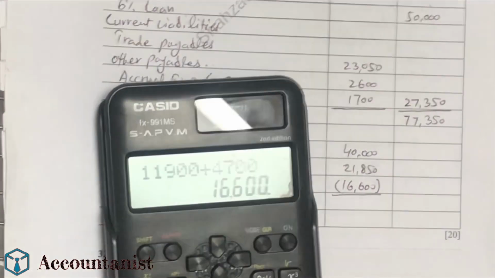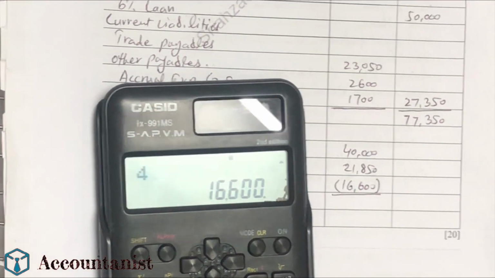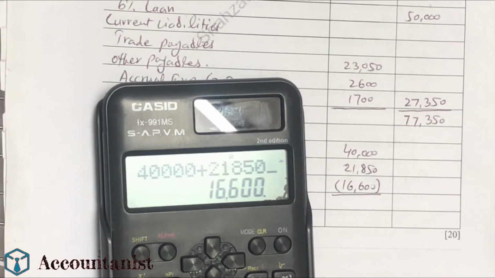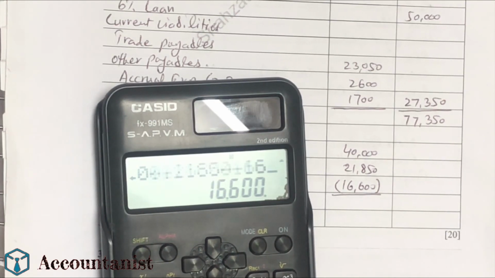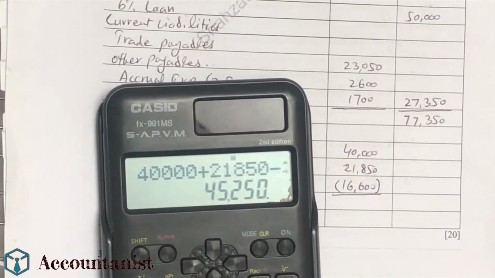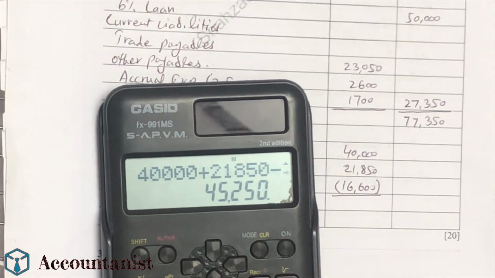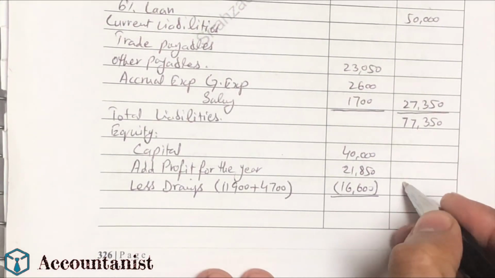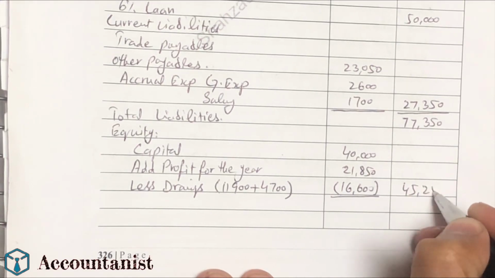Yes, so let's make the total of this equity section. So we have 40,000 plus 21,850, and then we need to deduct this 16,600. It gives me the balance of 45,250. So I'll write it down here, 45,250.